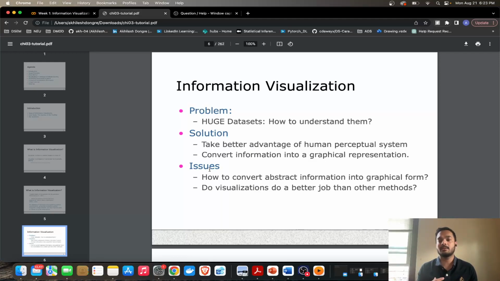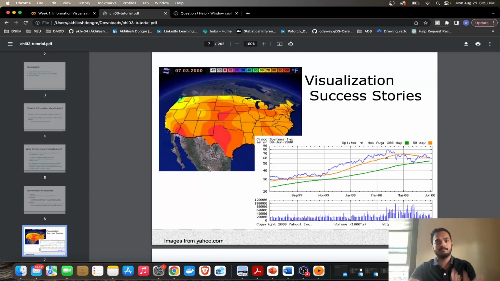Hence, this kind of data which we are right now getting, these are huge data sets, and that's where the visualization of it will help.